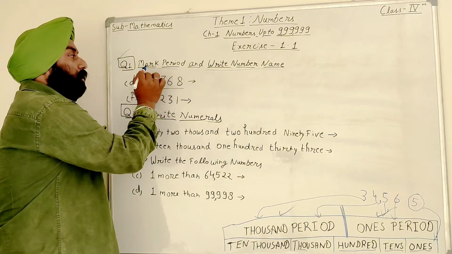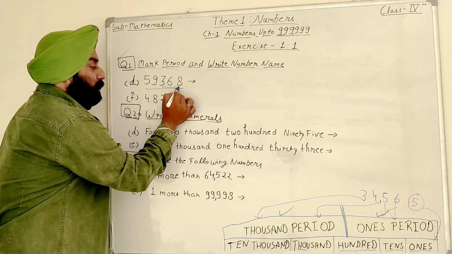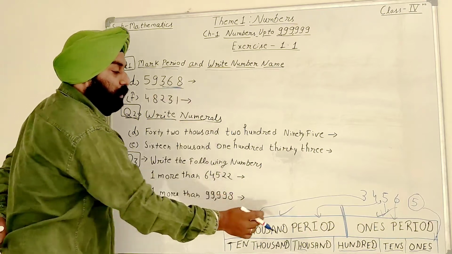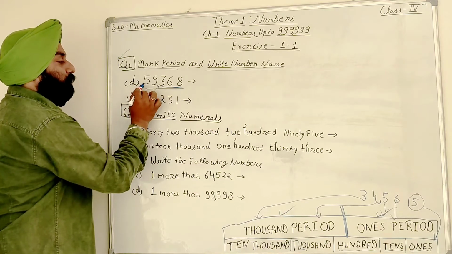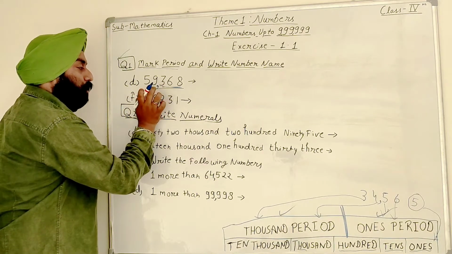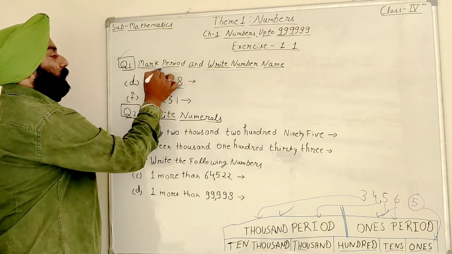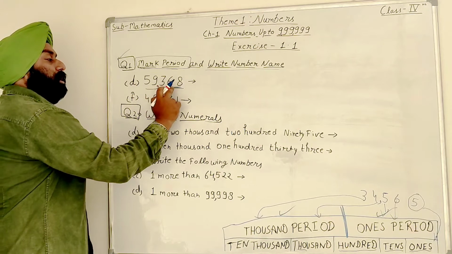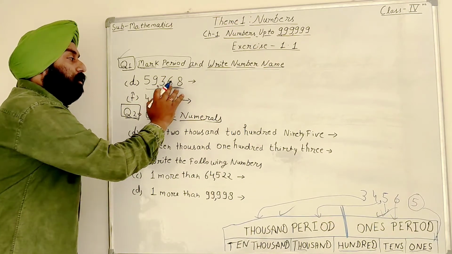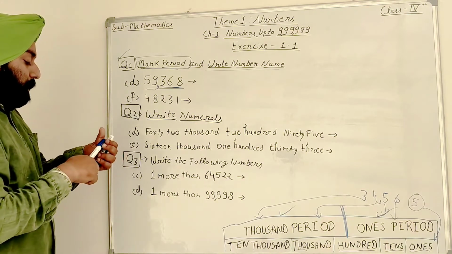We have to separate the period. The last three digits are of the ones period, so we separate them by a comma: 59, comma, 368. This is how we mark the period. 368 represents the ones period and 59 represents the thousand period.